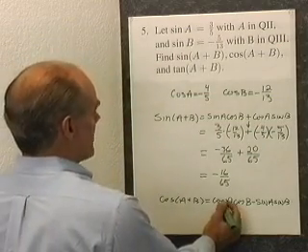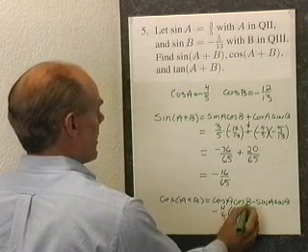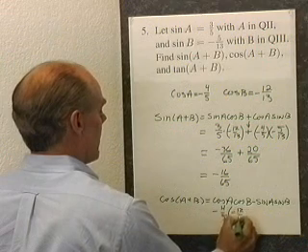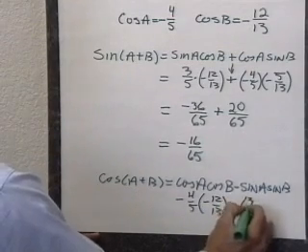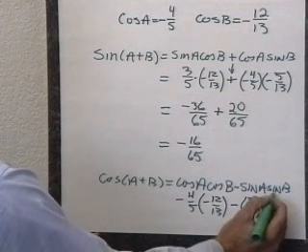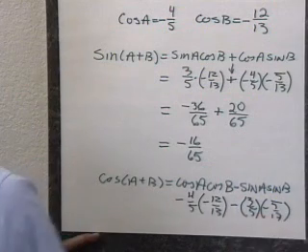Cosine of A comes out to be negative 4/5 times cosine of B, negative 12/13, minus sine of A, 3/5, and sine of B, which is negative 5/13.